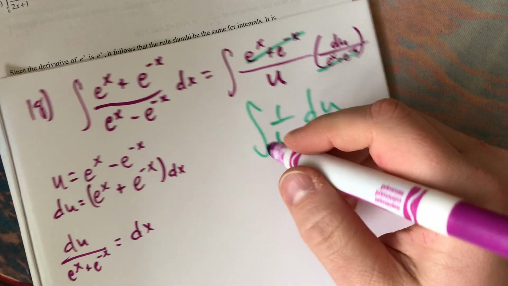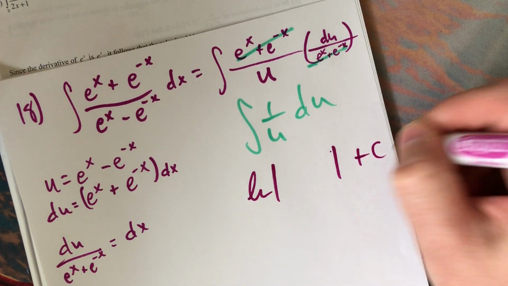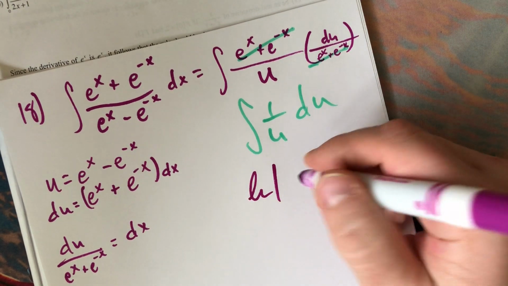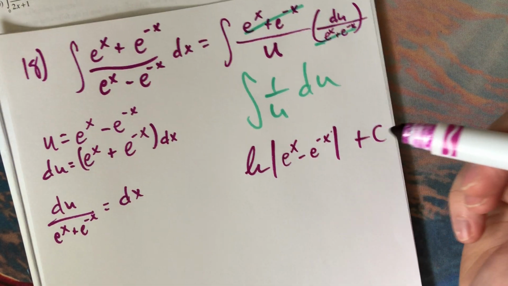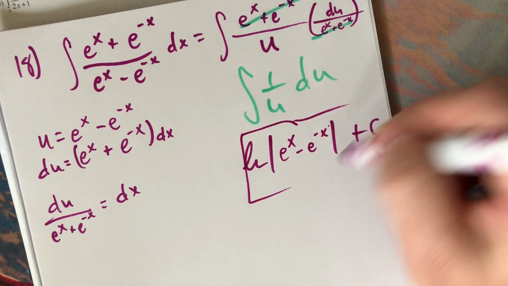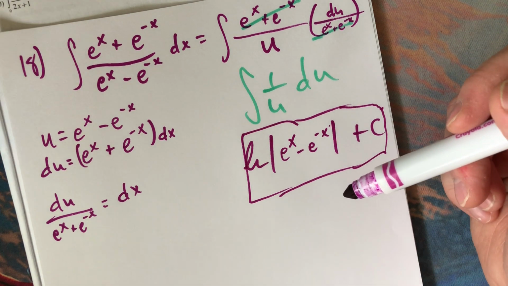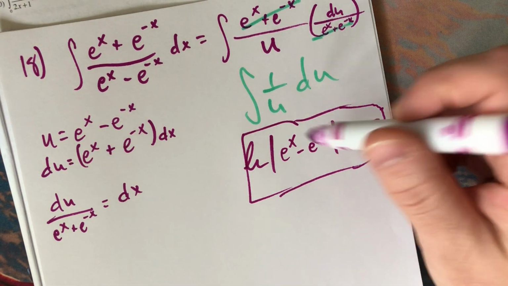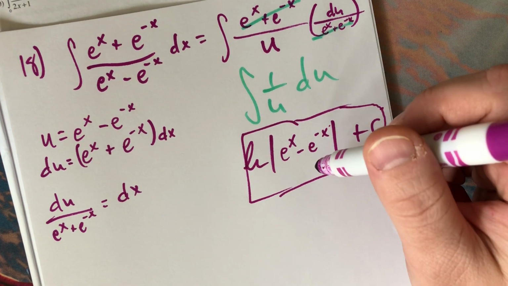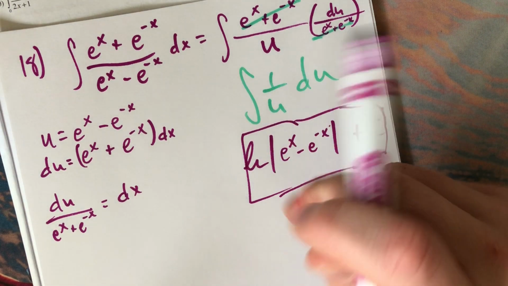So I can say my integral is going to be ln of u plus c, and u was e to the x minus e to the negative x. Caution, our brain might go, ooh, yeah, there were these log rules, there were things we could do. That's when it's times or divide inside the log. Plus or minus inside the log, we don't have tricks for that.